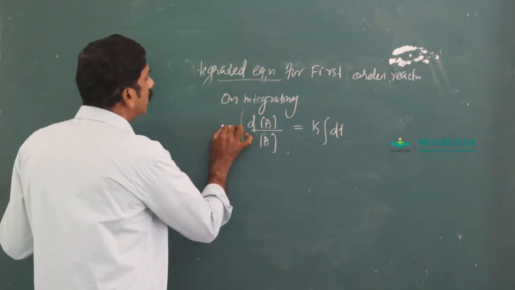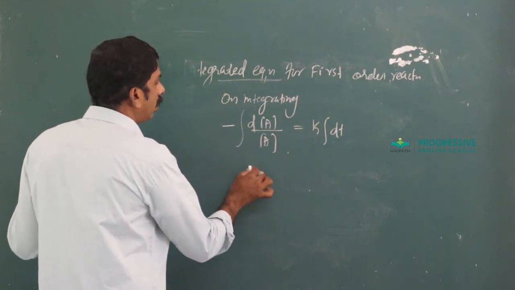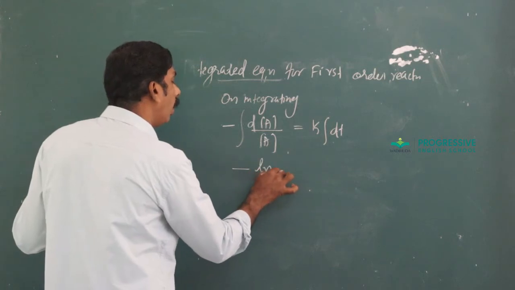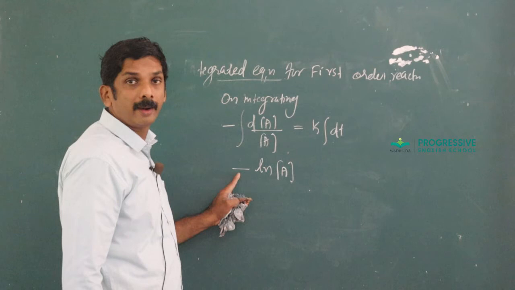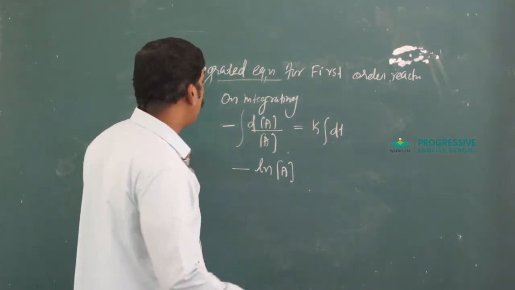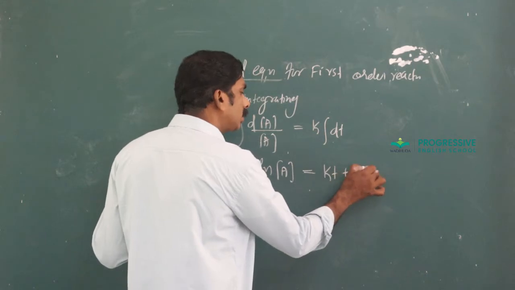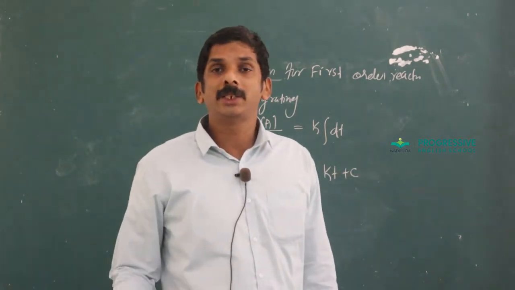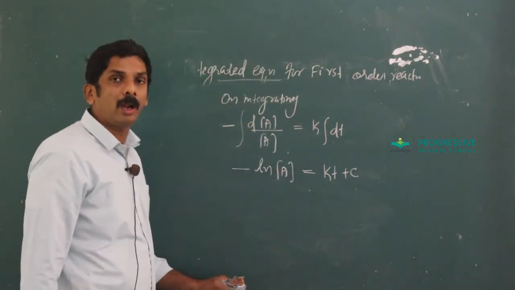That is, minus dA by A equal to minus 1 by A dA equals ln A, that is natural log, ln A, equal to KT plus C. In the Nernst equation, initially we express ln. ln means natural log.